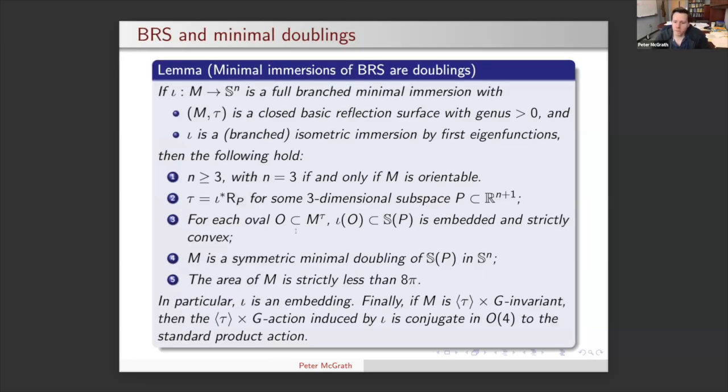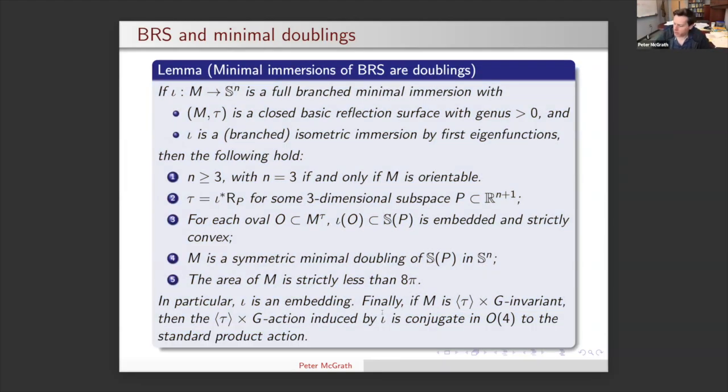Okay, and furthermore, if the minimal surface itself had a further group action, so if we had, beyond just the Z2 factor, some additional symmetry, as we can in many cases and our theorem allows, then the embedding itself is symmetric in the natural way, as one expects.